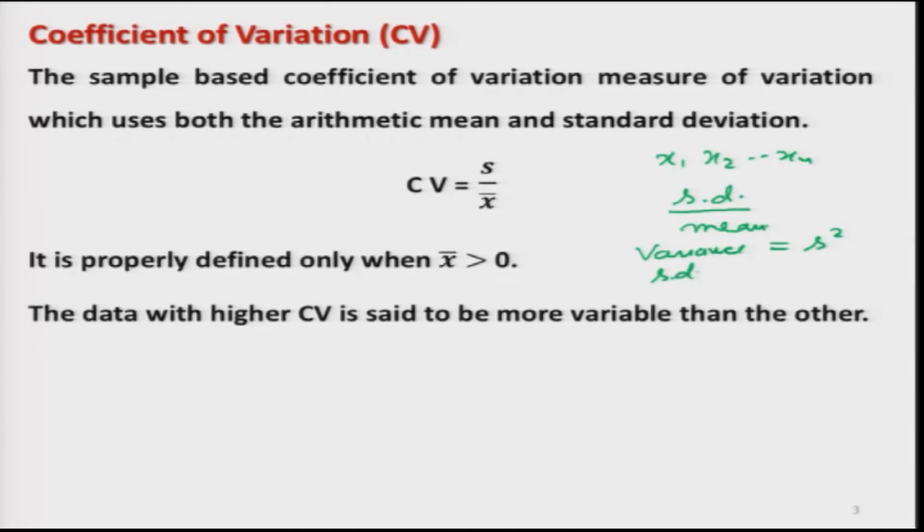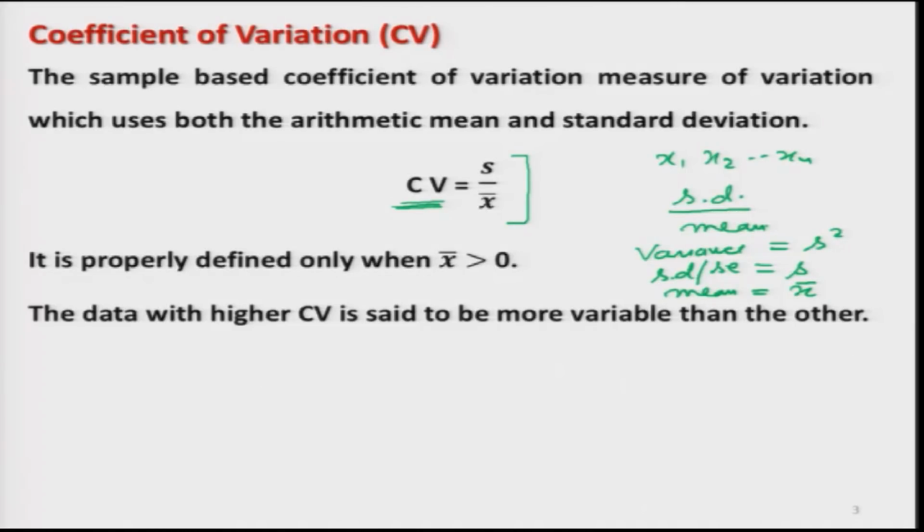So, the standard deviation, or in simple language we call it standard error, whatever you want to call it, I am considering both as having a similar meaning without any loss of generality. This is denoted by S, and the sample mean we already have denoted by x bar. So, this coefficient of variation, briefly denoted as CV, is defined as S upon x bar.